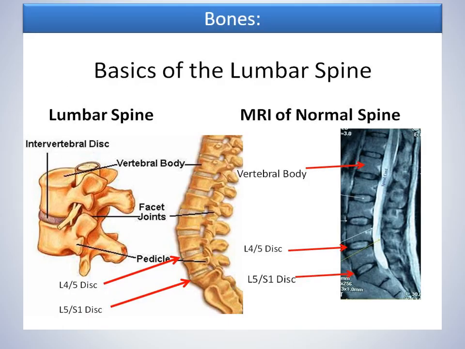Now, contrary to the previous X-ray, what you see here is an MRI of the normal spine. As you can see over here, you get the MRI of the discs. As you can see, the L4, L5 here. And I wanted to point out in this area here a little bit of a compression that is putting pressure on the spinal cord right there.